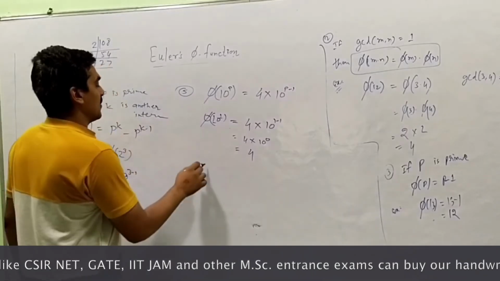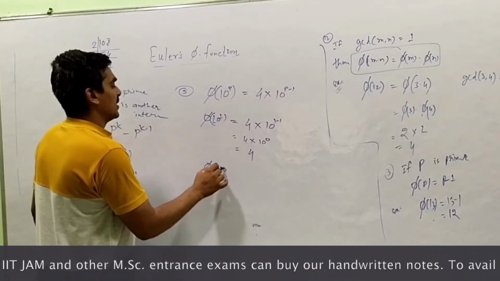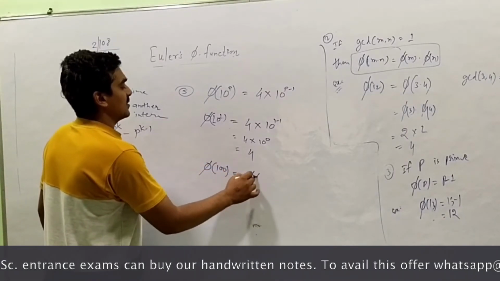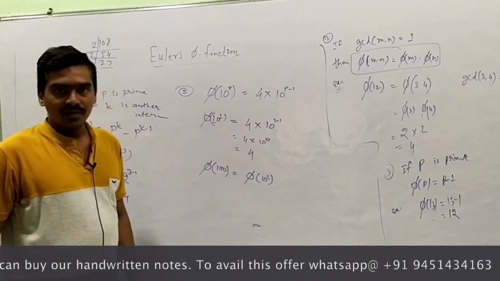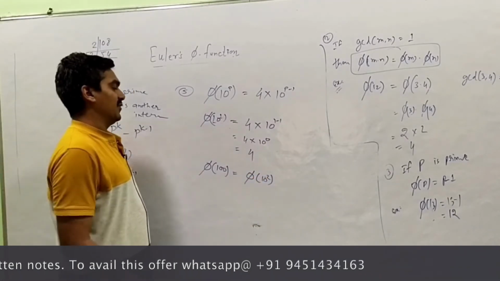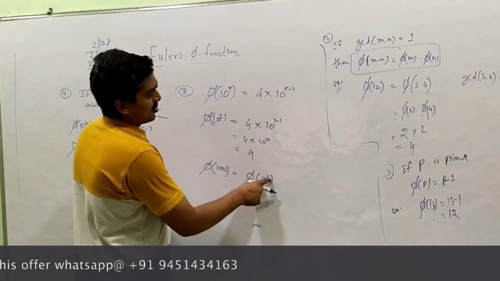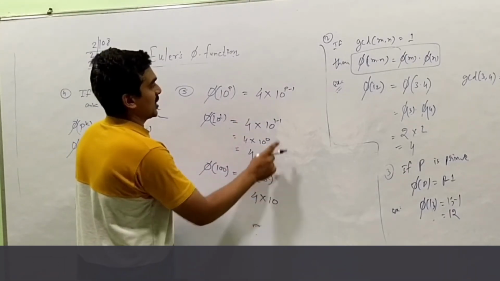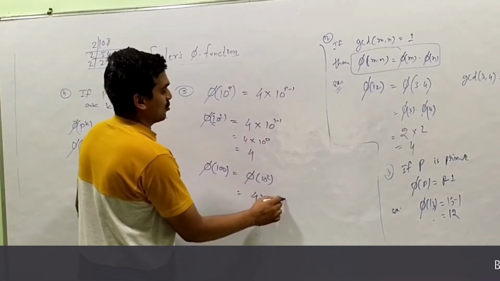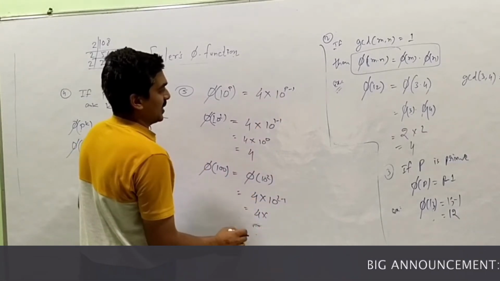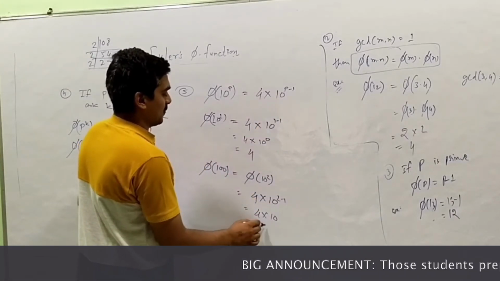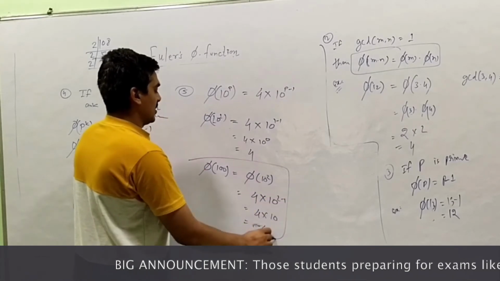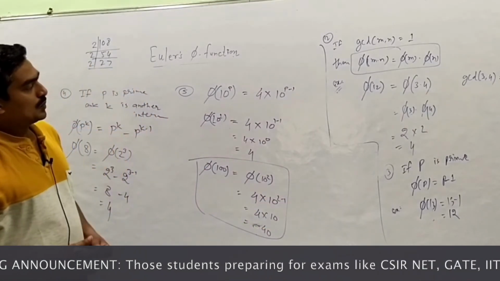Suppose we have to find phi 100, that is 10 squared. Then it is 4 into 10 raised to the power 2 minus 1, that is 10, so 40.